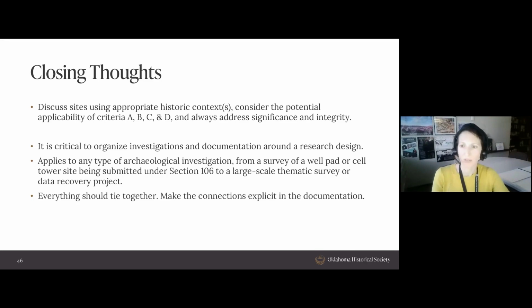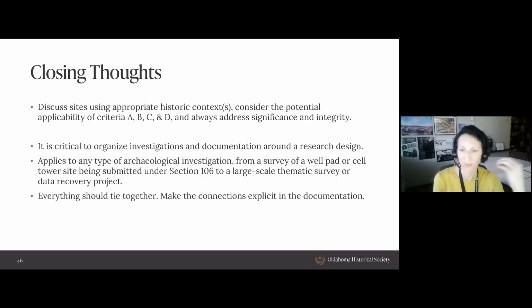So make all of the connections explicit as you're documenting your environmental background for a particular county. Maybe you're taking some boilerplate language that you use that is relevant to a particular county in Oklahoma for the work you're doing. Fine, but take that information and tie it to this project.